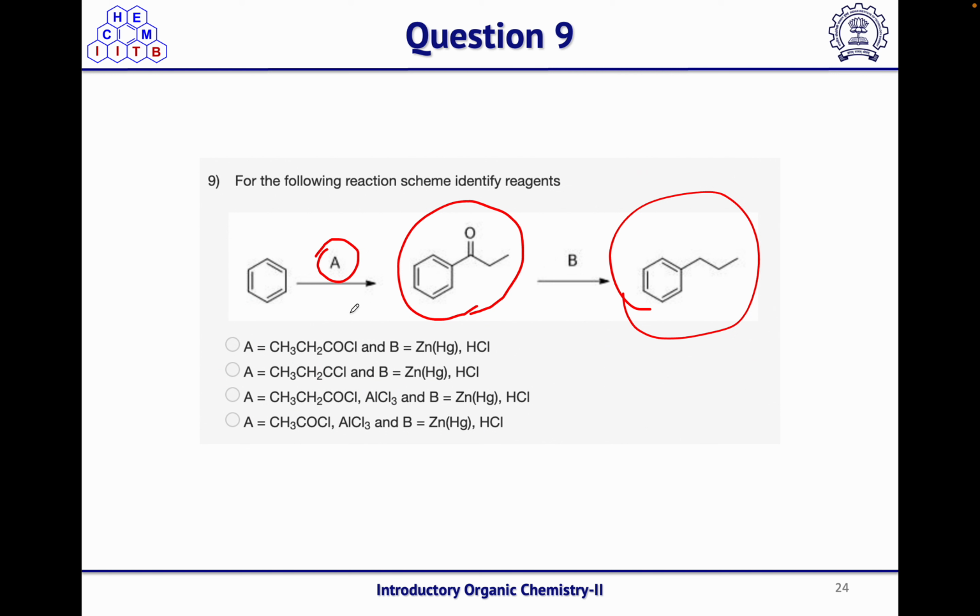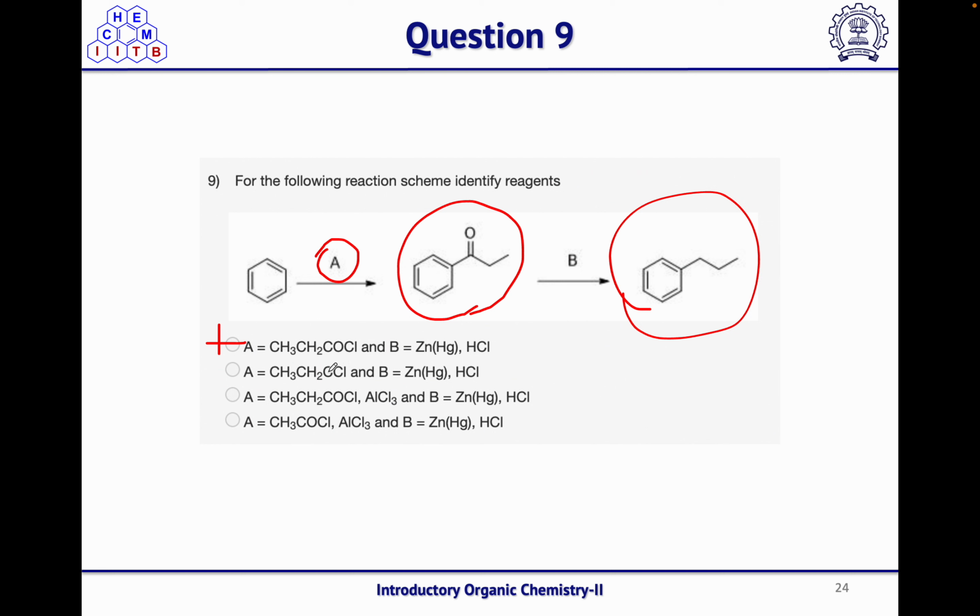As per option A, they have given CH3CH2COCl and B as zinc, mercury and HCl. For Friedel-Crafts acylation to take place, there should be a Lewis acid also present, so this option can be ruled out. The next option given is CH3CH2CCl. Is this correct?